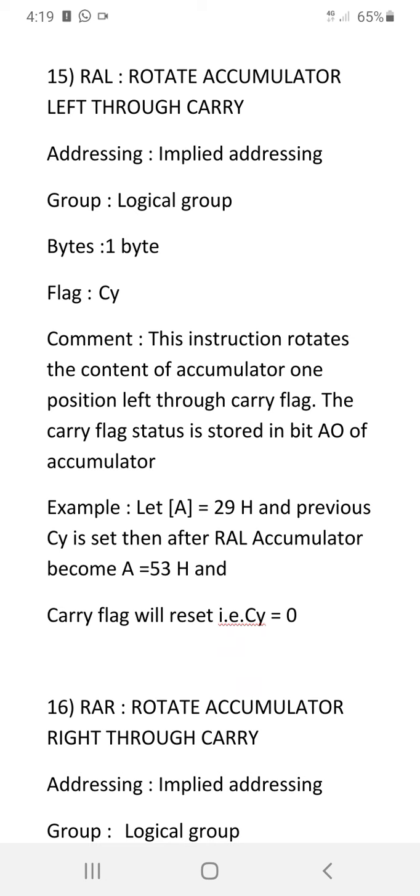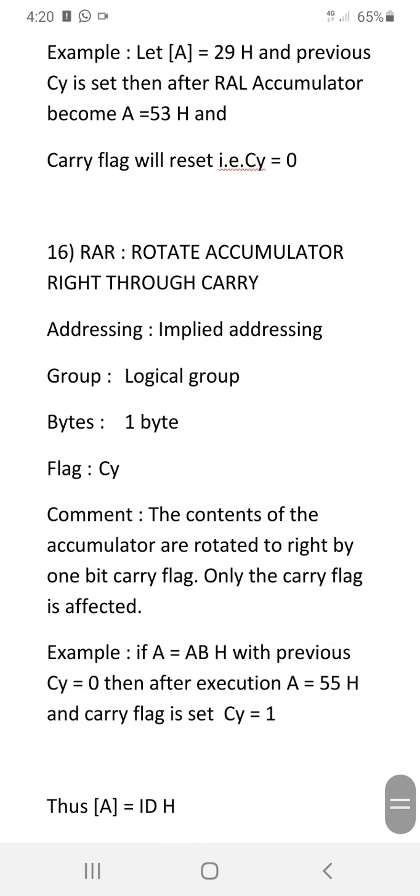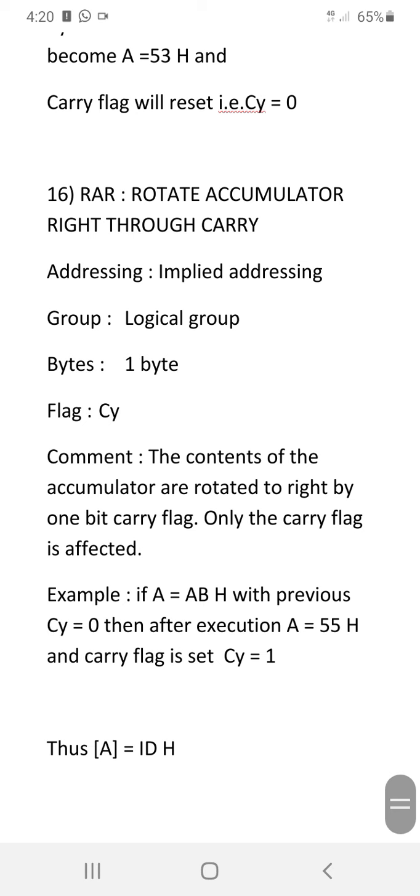This instruction is mostly used to double the number. Every time we do RAL, it gets doubled. For example, if we have 29 hex and the previous carry is set, then after RAL the accumulator content becomes 53 hex.